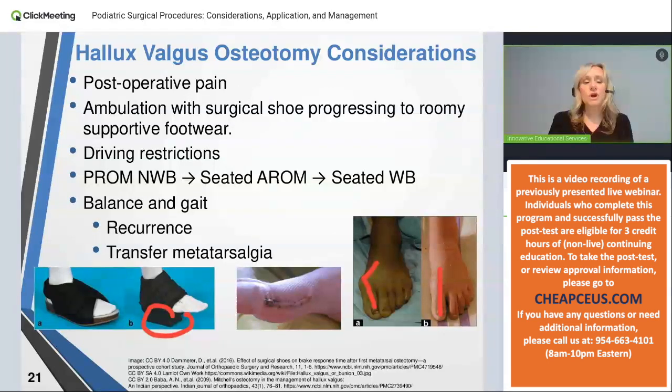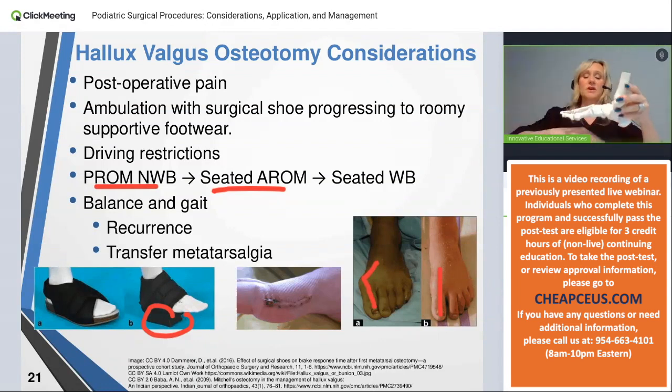Typically, we're going to start with the patient non-weight bearing passive range of motion, then sitting active range of motion. It's just lifting the toe up and down, in and out, splaying the toes, your typical things you would think of, but how far you have someone reach to get comfortable weight bearing on that foot again is going to change the amount of movement they have.